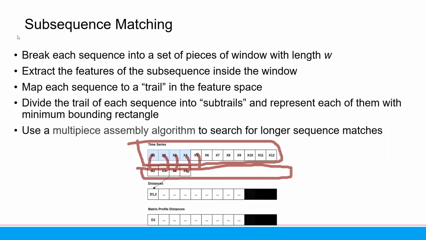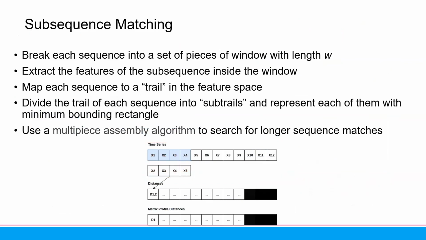So you already learned about the cosine similarity. You already learned about some other similarity like Euclidean distance and so on. So you can use that one for the whole matching. But if we are making the subsequence, it means I just want to see some part of this time series.